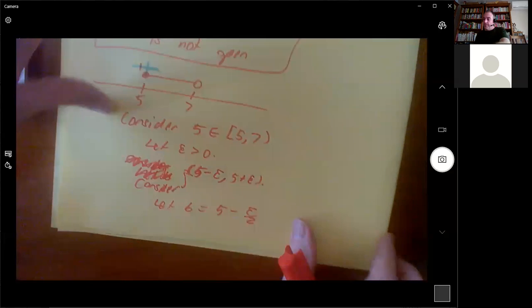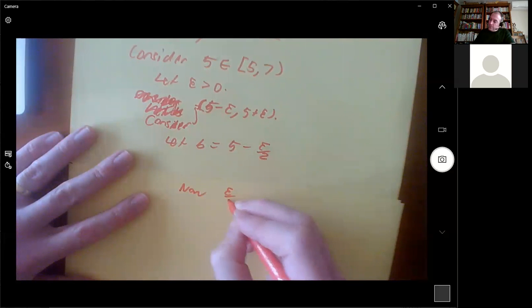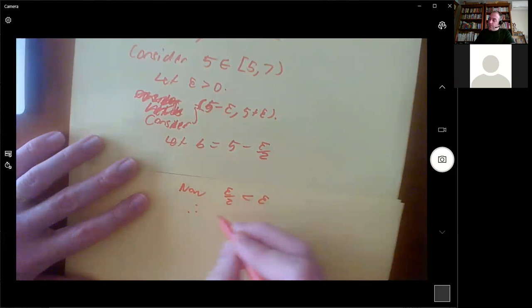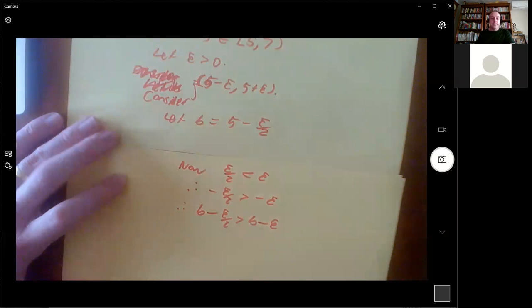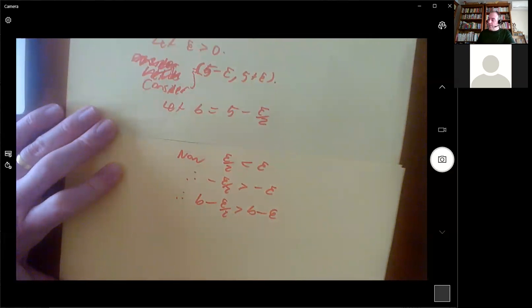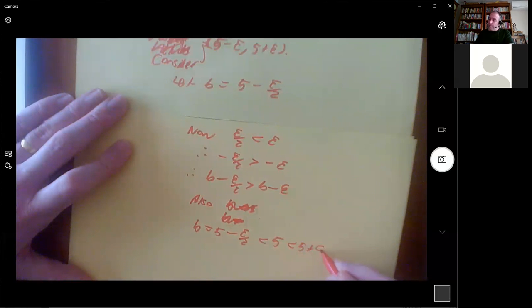Now let's see. Epsilon on 2 is less than epsilon, so therefore minus epsilon on 2 is greater than minus epsilon, and so therefore B, which is 5 minus epsilon on 2, is greater than 5 minus epsilon. But also B is less than 5, which is less than 5 plus epsilon.